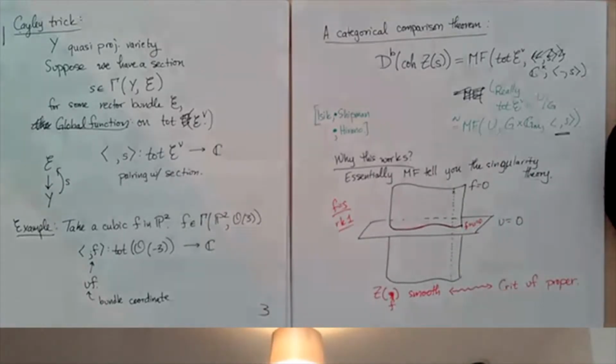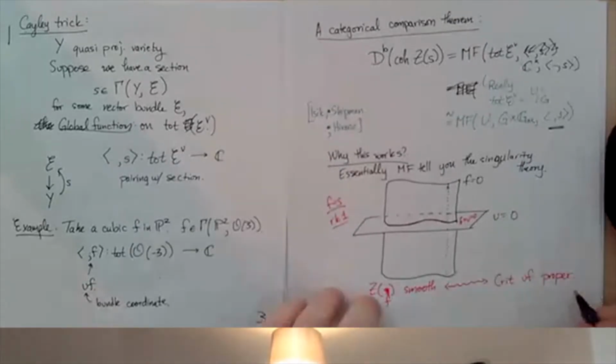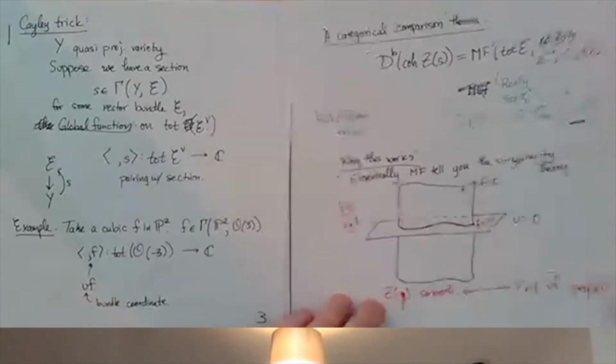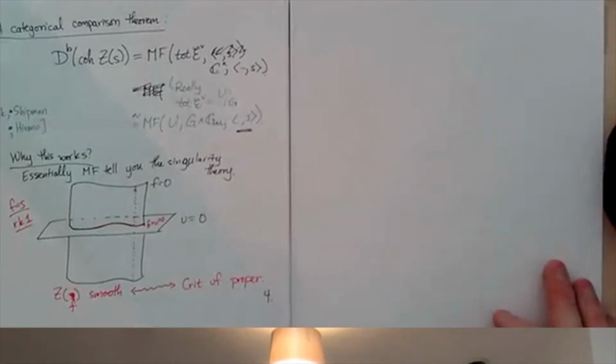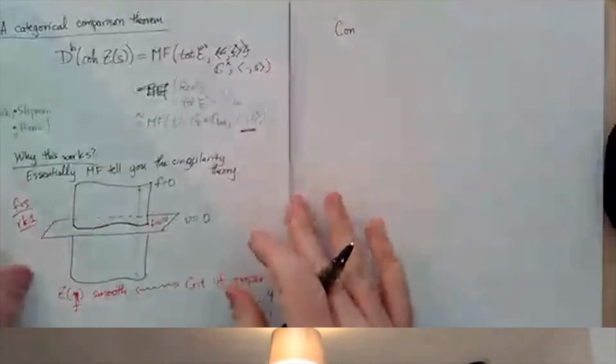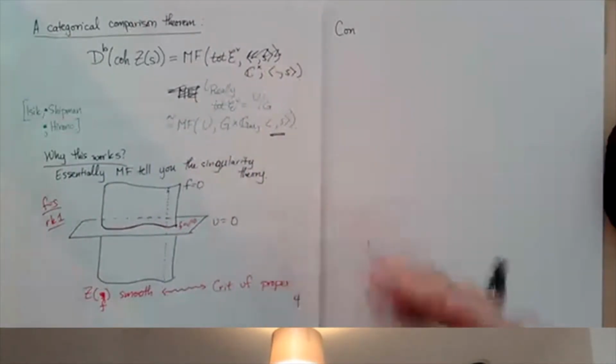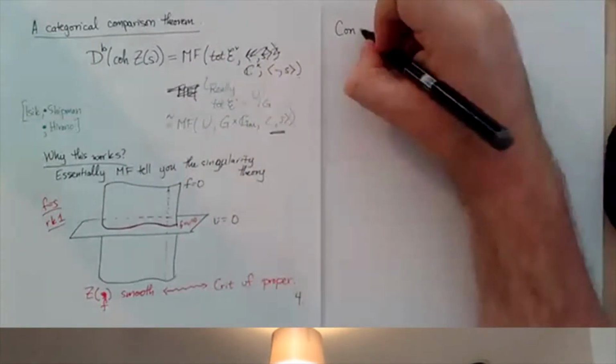So what I need is to make sure that the critical locus of whatever my global function is, is proper. So that's exactly what an exoflop does. What an exoflop does is, I'm going to just consider our example again. Can you see this? Do I need to move it over? We can see that. Okay, great. So consider our example.